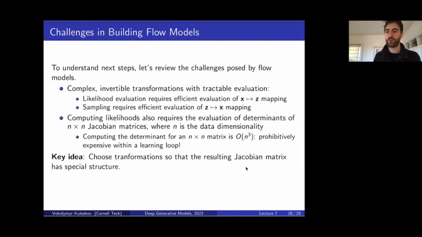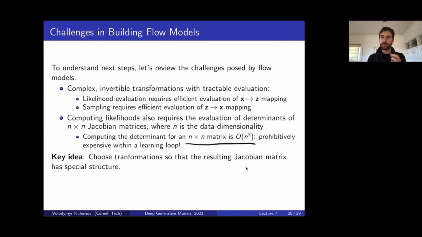And so one possible strategy that could be used is to use this observation that we need an efficient way of computing this operation. We can use this as the guiding principle for defining normalizing flow models. I haven't mentioned this explicitly, but this is essentially what we're trying to solve.